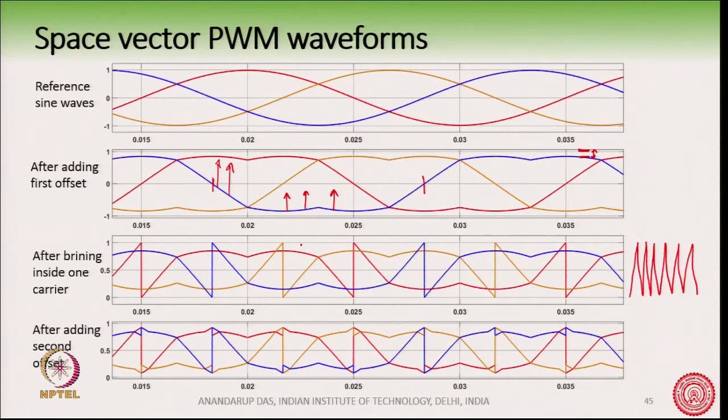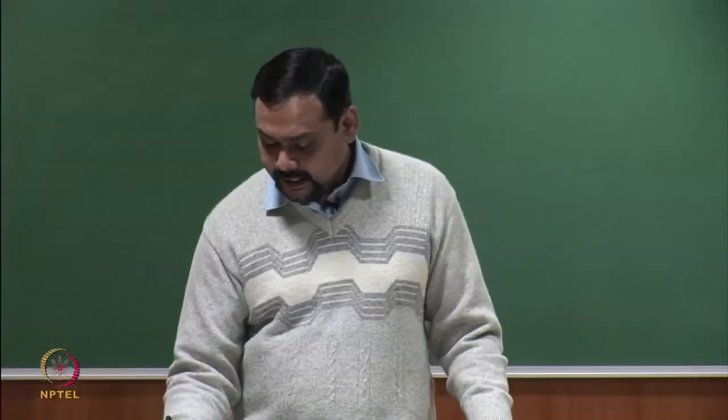We see here that this distance and this distance are not equal. Okay. Which means that these waveforms are not at the middle of the carrier. So, we have to bring all these waveforms and middle them inside this.